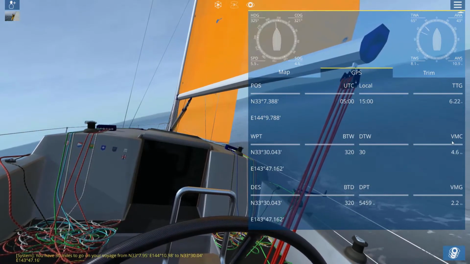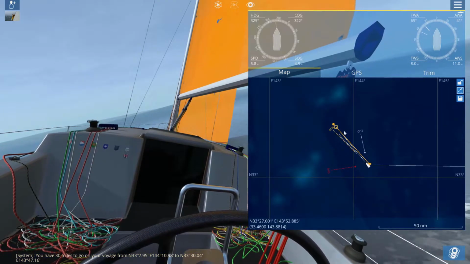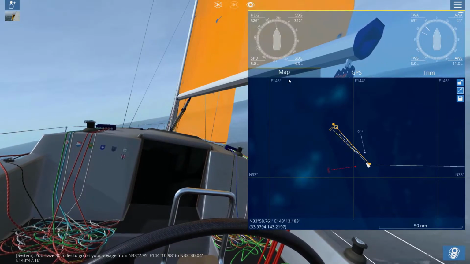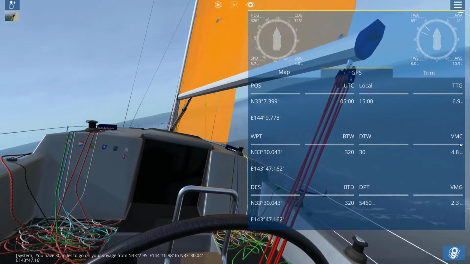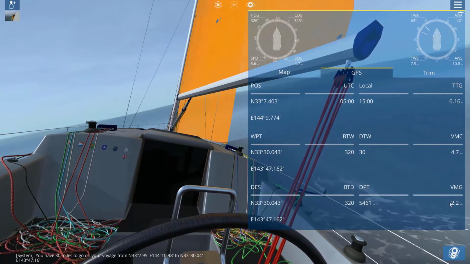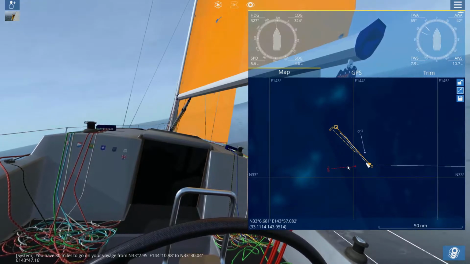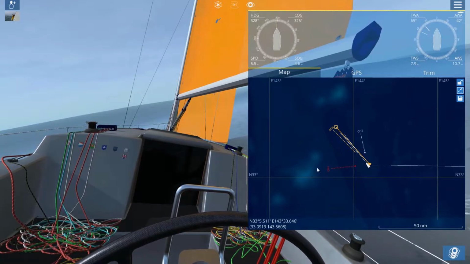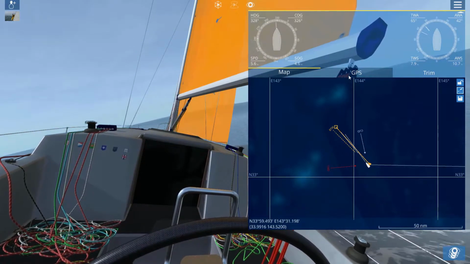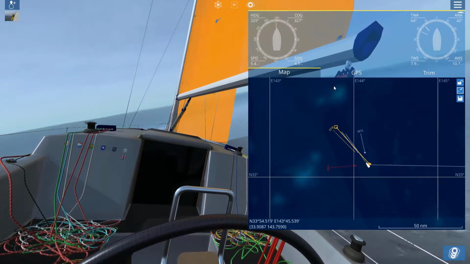You will note now that the VMC, because I'm pointing directly towards my waypoint, is basically pretty good. My VMG, however, has dropped considerably. Why is that? Because I'm not heading in a directly upwind course. I'm not heading towards there. So that's the basic concept.